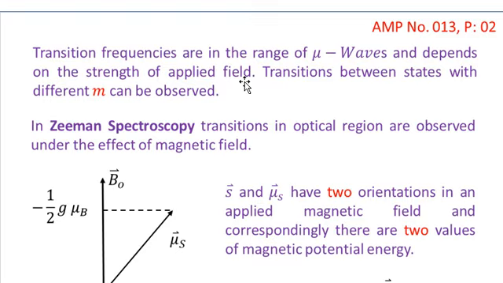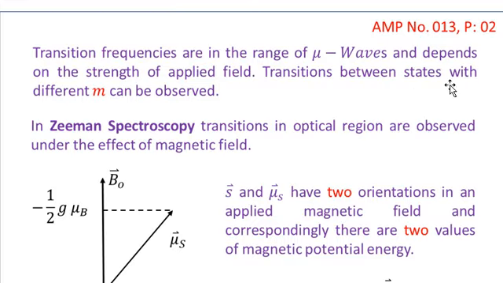So if the strength of the applied magnetic field is greater, then there will be more splitting, that is, a larger splitting between the Mj states. So you see that the splitting between the Mj states can be controlled by the application of the external magnetic field. So the transition frequencies are in the range of microwaves and depend on the strength of the magnetic field.